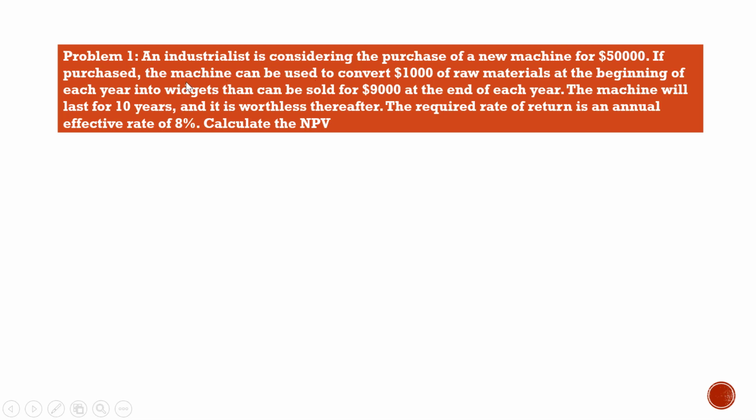Then the machine can be used to convert $1,000 of raw materials at the beginning of each year. So at the beginning of each year, the industrialist pays $1,000 for raw materials. So at time 0, we have one more cash outflow, which is $1,000.